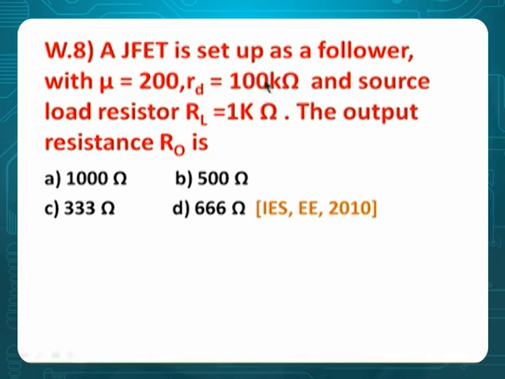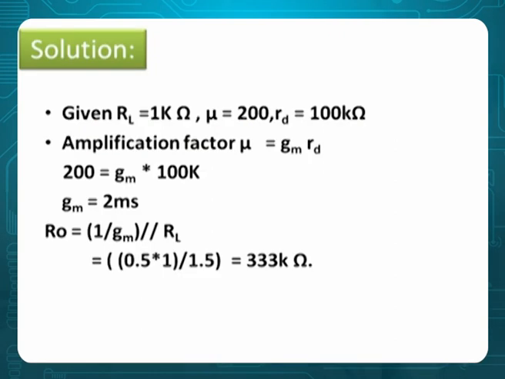A JFET is set up as a follower with mu equal to 200, rd is very high anyway. RD is 100 kilo and source load resistance is 1 kilo. The output resistance R naught we have to calculate. So how to calculate output resistance of this combination? Generally, output resistance is given by 1 by Gm in parallel with RL.